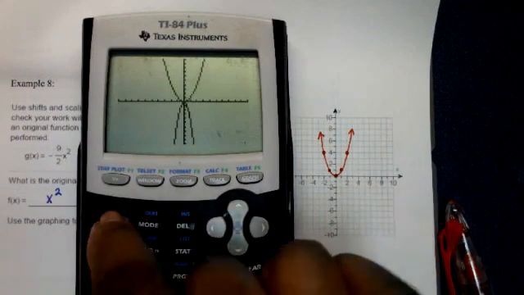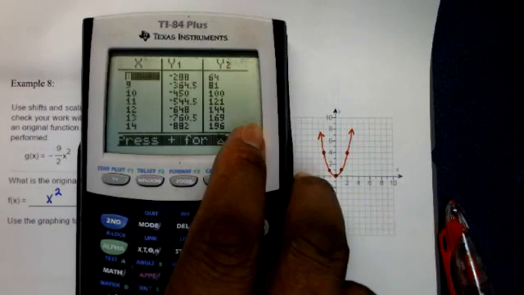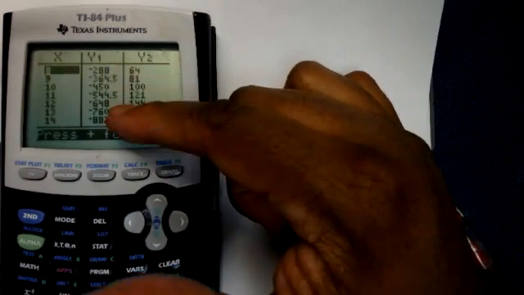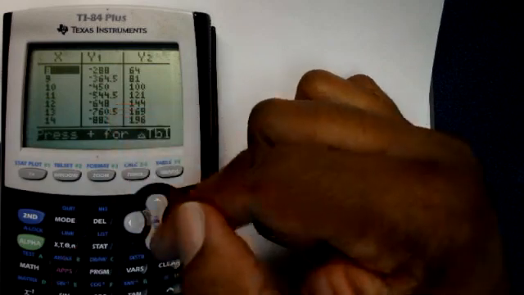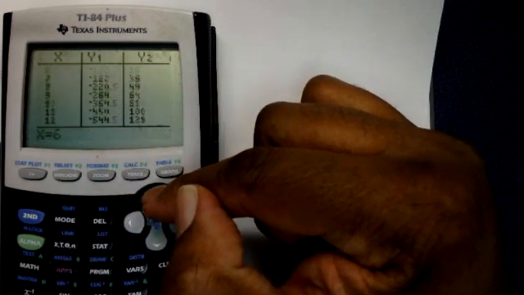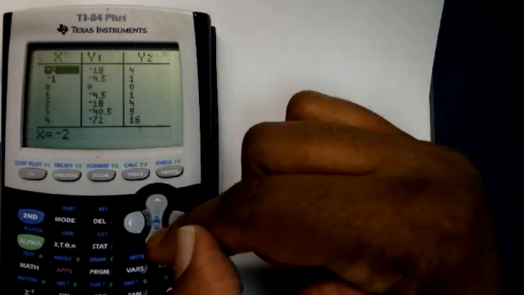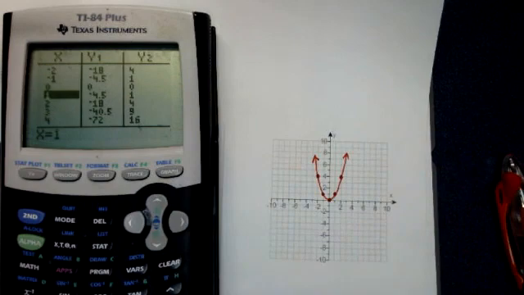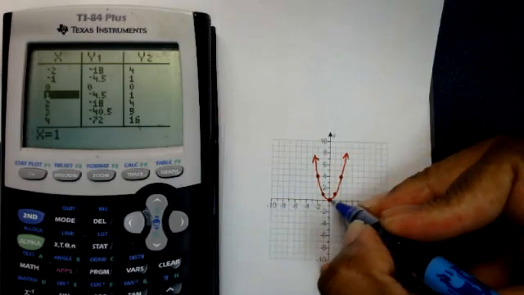All right, now let's look at the table for that second graph. Keep in mind, I stored this in y1, so these are the values for g of x equal to negative 9/2 x squared. I'm going to pay close attention to the negative 1, 0, and 1 because those values are real small, so that way I can graph this on the coordinate plane. For 0, 0, that's okay.